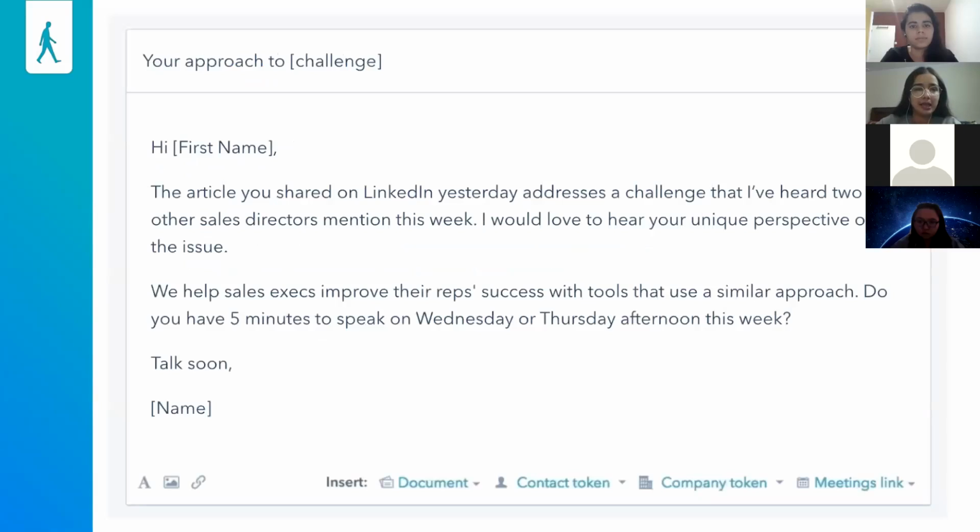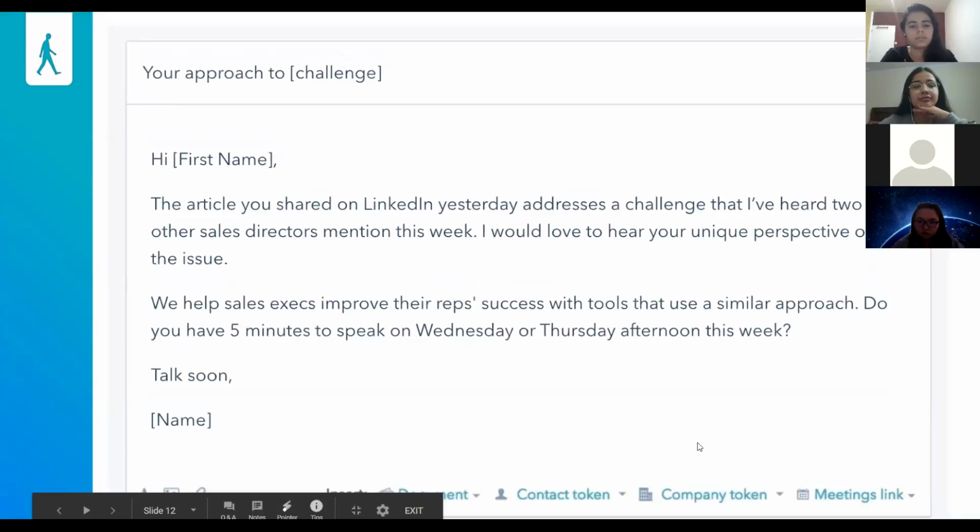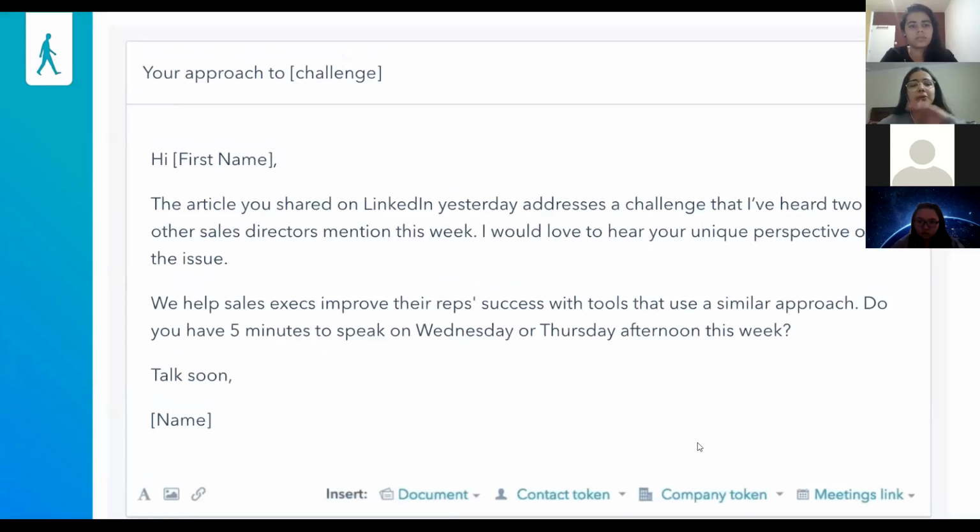So this is an example of an email. I would want you guys to quickly go through this example and tell me if you guys understand how this works. Do you guys understand the subject line, the opening line, the body of the email, and the signature? Does this make sense to you guys? So just type it in the chat box once you're done reading it. If it makes sense, say yes.